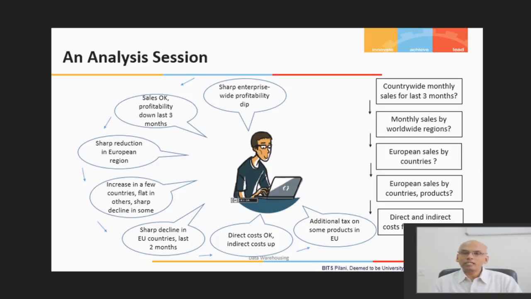The indirect cost is coming because the tax increased on some of the things. It may be the tax increased on the freight, or on some of the raw materials, or on some other elements. The indirect taxes have increased, because of which the overall cost of production increased, because of which the profitability reduced.